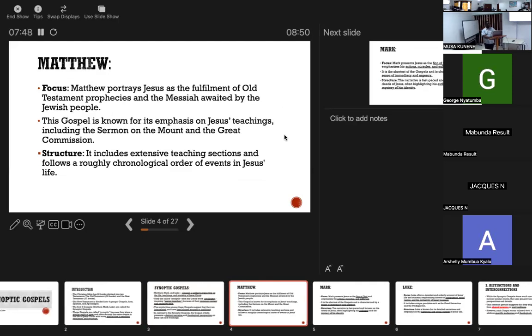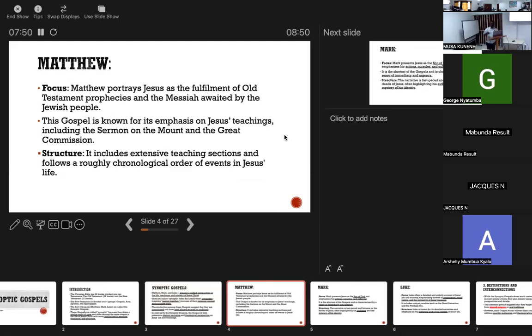Now, a little bit of depth in each one of them, even though we are going to dedicate the next 2-3 weeks to talking about each one of the Gospels, but here is an overview.